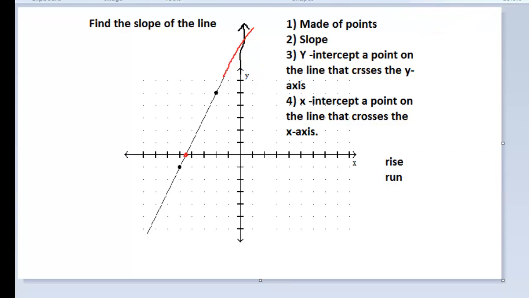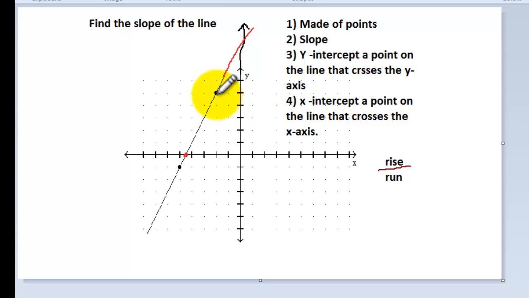So rise over run means you're making a fraction. And rise over run is calculated point to point on a line. You start on a point on the line, and you go to another point on the line. And you do it by making a triangle.